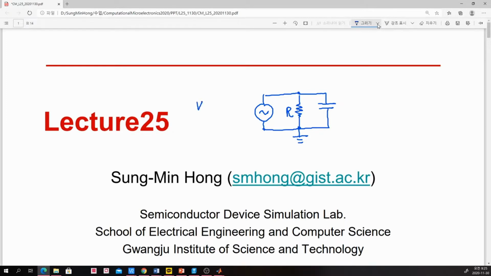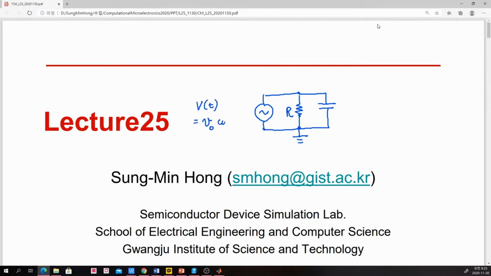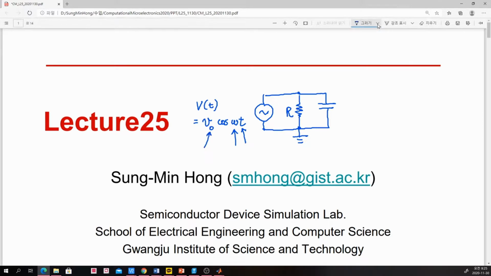The voltage across our voltage source is simply given by V naught times cosine omega t. Here omega is angular frequency and t is time, and V naught is the magnitude or amplitude of our voltage source. This is in a unit of volt, and here we have R and C.